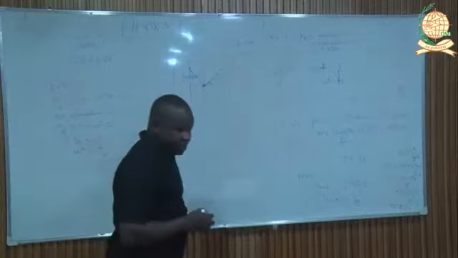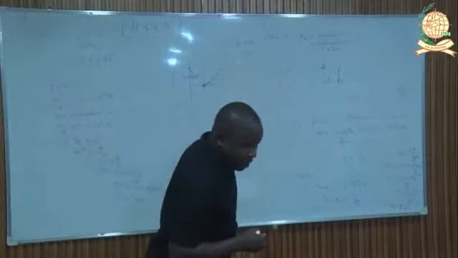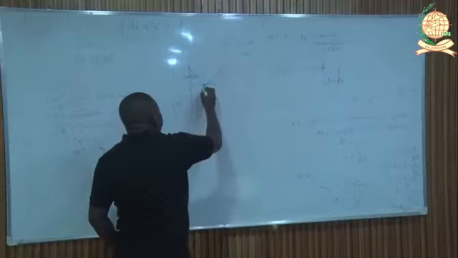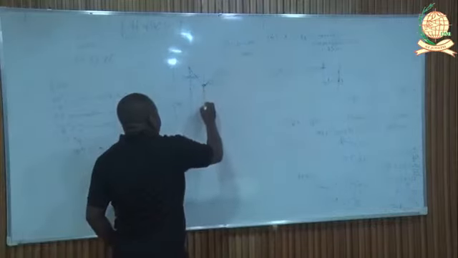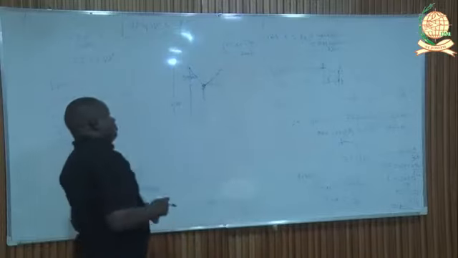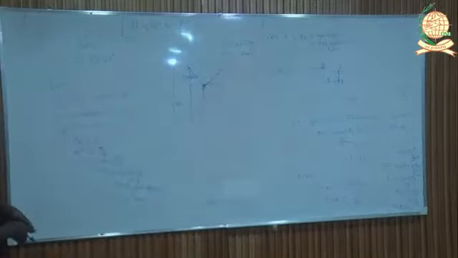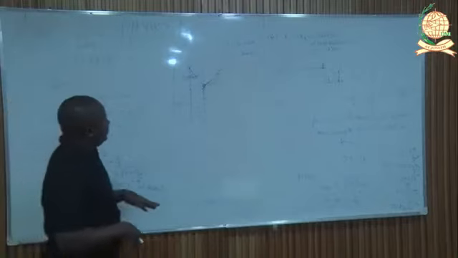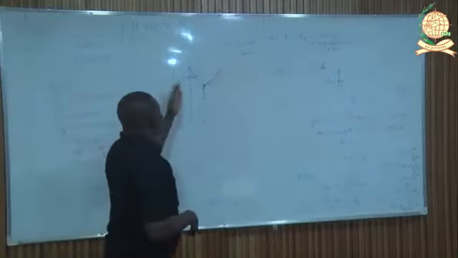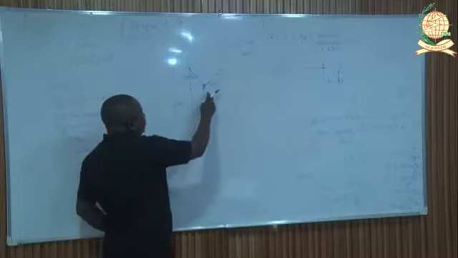The first question: sketch the diagram. So if it snaps, this will be the position at which it breaks. So that is the sketch. You can even find how much h is.